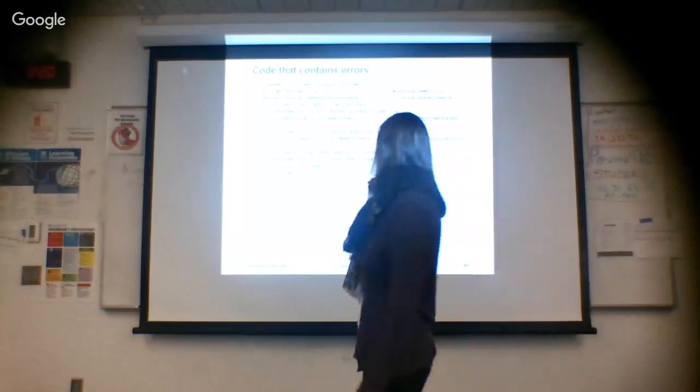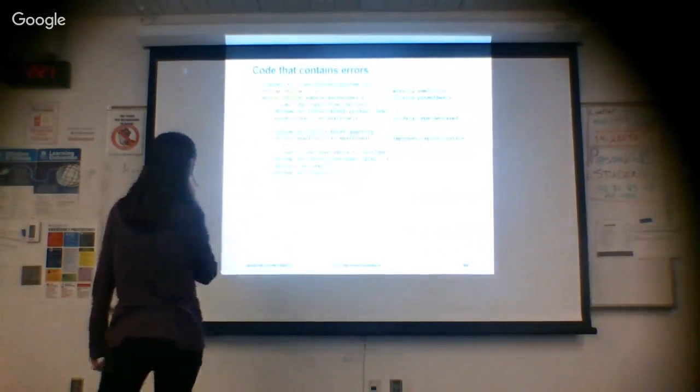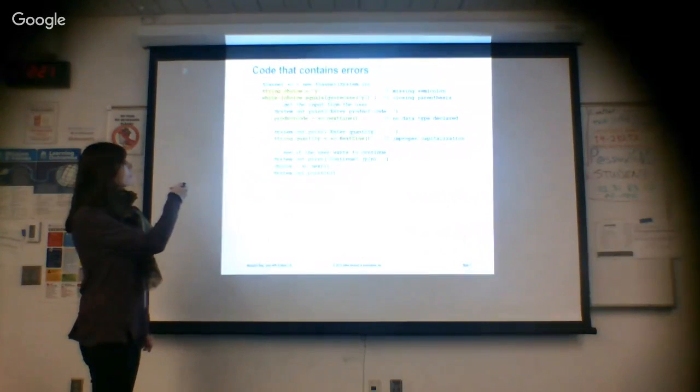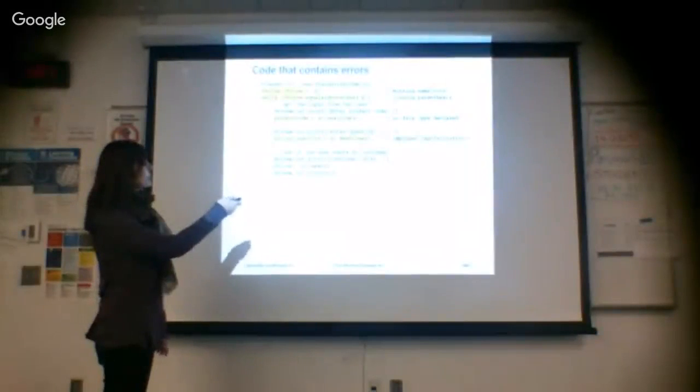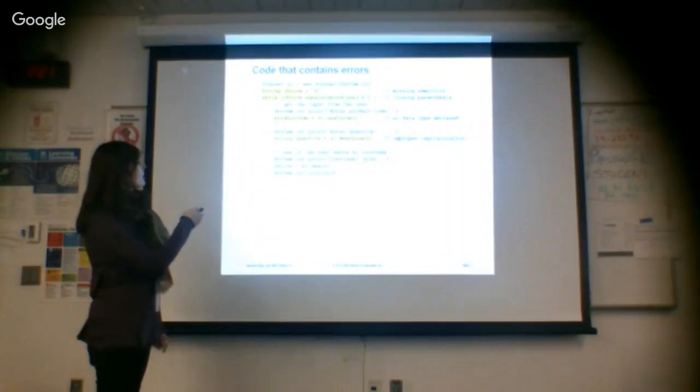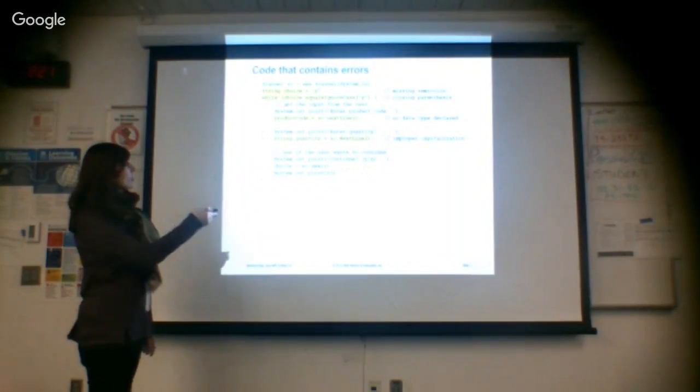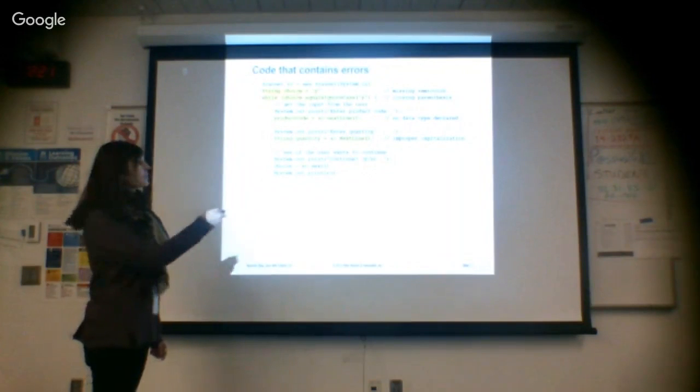Here's some code that contains some typical errors. These are syntax errors, like a missing semicolon. You only closed 1 parenthesis here, you should close 2, right? So closing parentheses. Product code is equal to next line. Well, in Java, we can't do that. No data type declared.